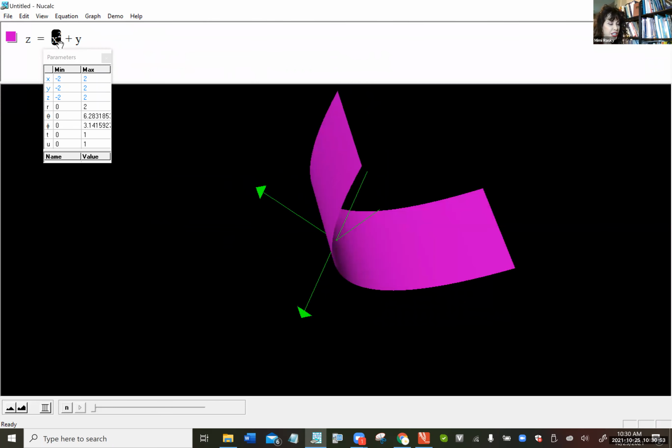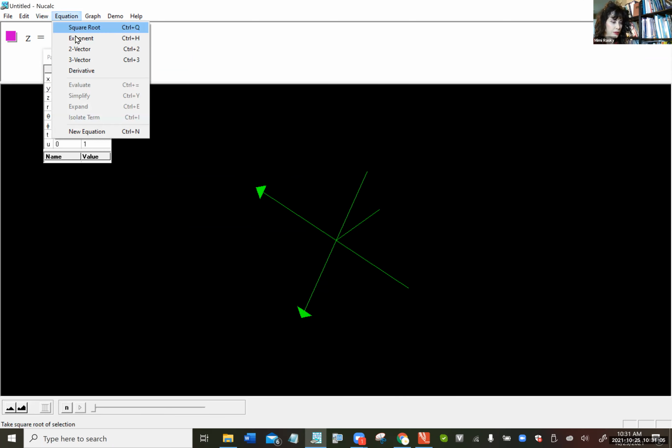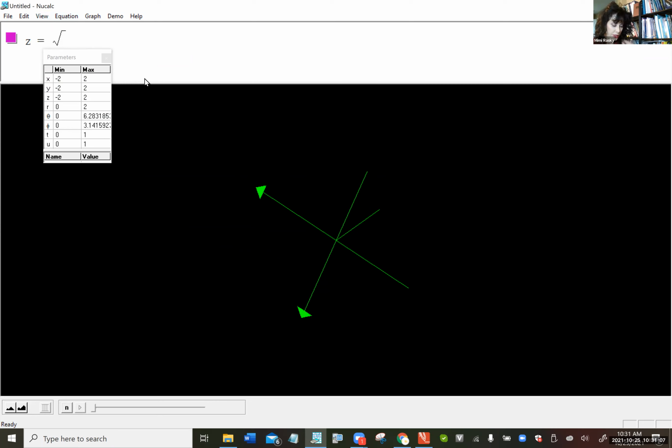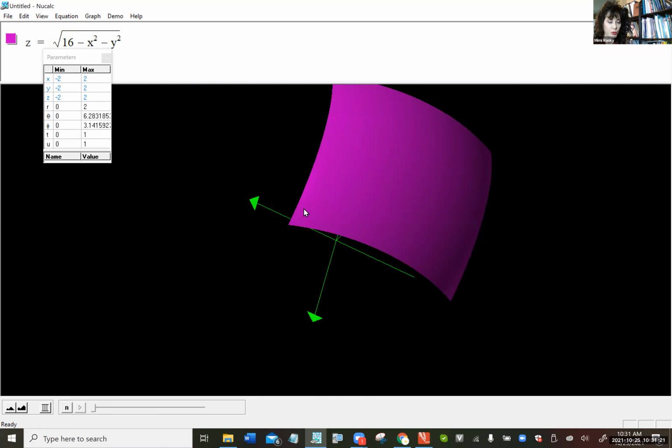And I didn't get the chance to see the capping surface for the other. So if we looked at the, what did we have there? Square root, I think it was 16 minus x squared minus y squared. What did that look like? That was the previous problem's capping surface. Whoa, that's a kind of a cool capping surface.